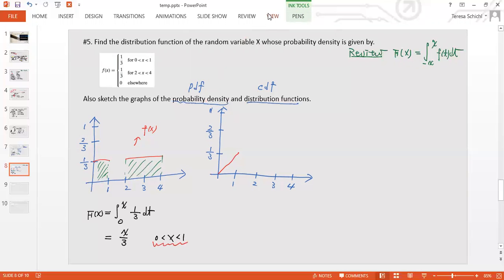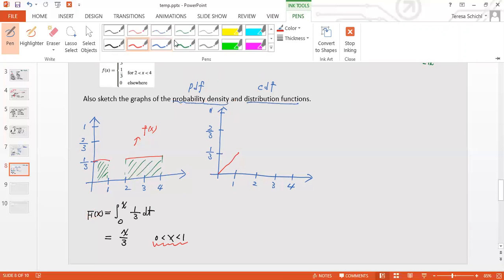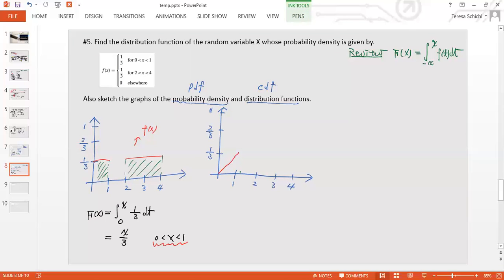Okay, now let's take a look, right? So in here, I don't have anything. It's 1 to 2. The PDF is 0 here, nothing is defined. So remember the f of x is a continual adding, right? So during this area, the PDF is 0.